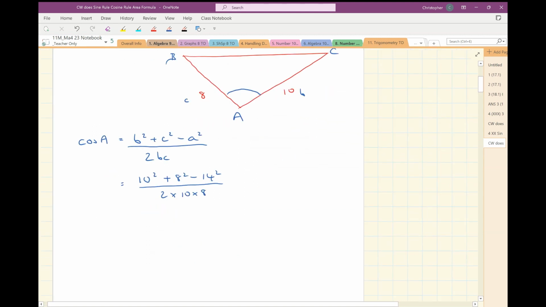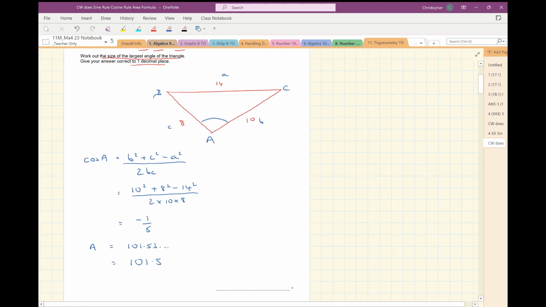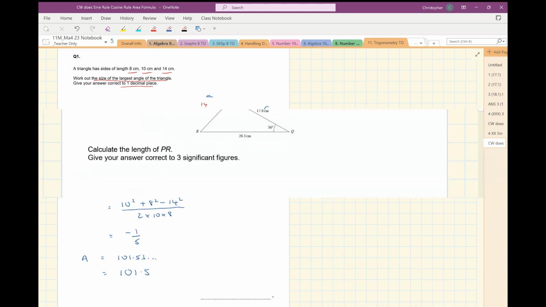So that tells me that cos A, if I do a bit of work on my calculator, is minus a fifth. Inverse cos of that tells you that A is 101 degrees, 0.53, and so on, and we're asked for the answer to one decimal place. So the answer I'm going to give is 101.5. And that is question 1. We used the cosine rule because we knew all 3 sides.